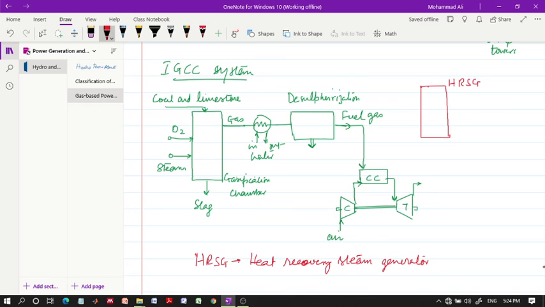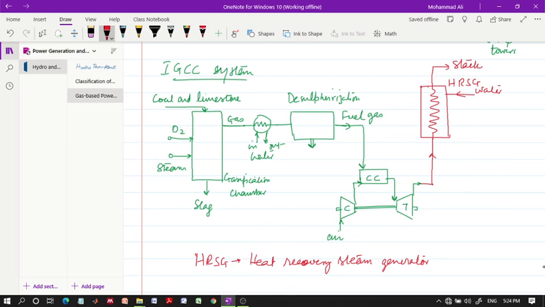Okay. So what we are doing is these expelled gases are going into this, like this, and this goes to the stack so that we can expel the used gases out in the air. Here we are introducing the water.